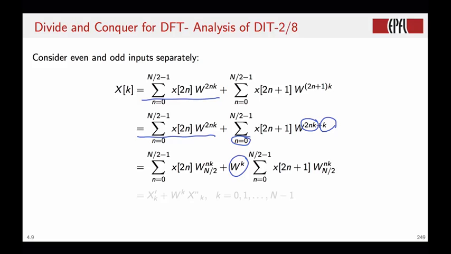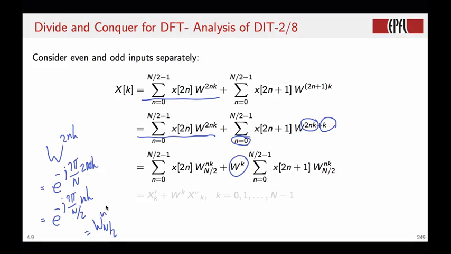The only thing is that W_N^{2nk}, well, we can write this as e^{-j2π/N · 2nk}, and this is equal to e^{-j2π/(N/2) · nk}, sorry, that was an nk here, and this of course is equal to W_{N/2}^{nk}.